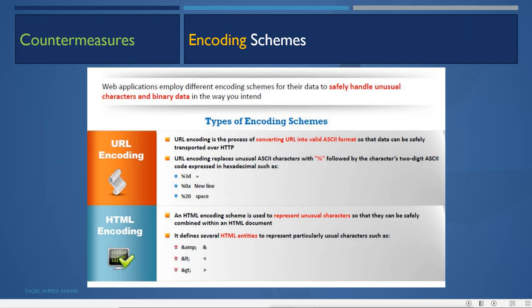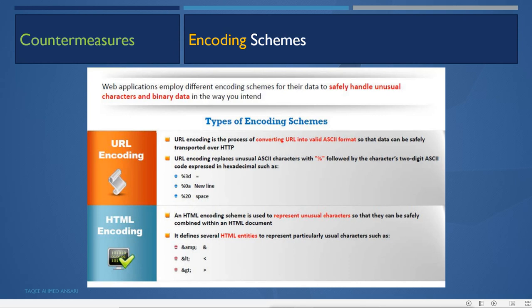The types of encoding schemes are URL encoding, the process of converting a URL into valid ASCII format so that data can be safely transported over HTTP. URL encoding replaces unusual ASCII characters with a percent sign followed by the character's two-digit ASCII code expressed in hexadecimal, such as %3D for equals, %0A for new line, and %20 for space.